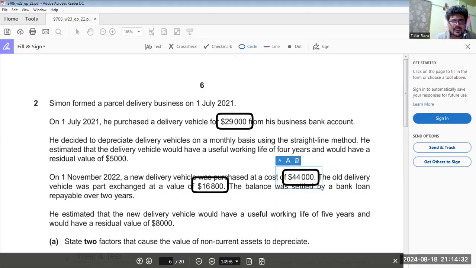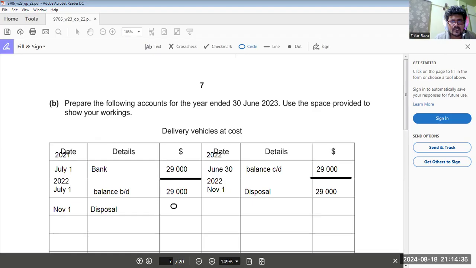We have to debit in two steps, 16,800 from disposal account, and on the same day, through bank loan, we get the balance. Total cost minus 16,800 trade-in allowance, 27,200 here as a bank loan.